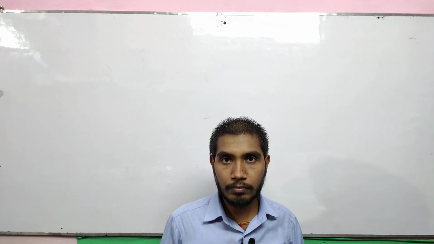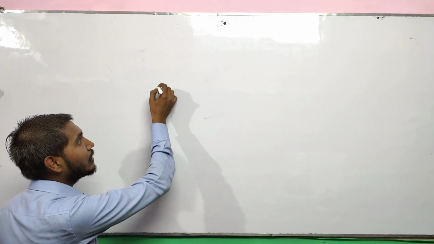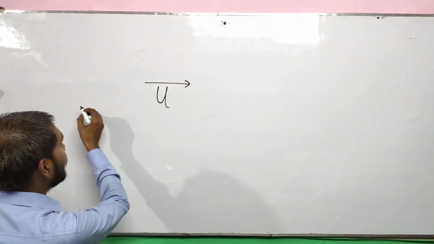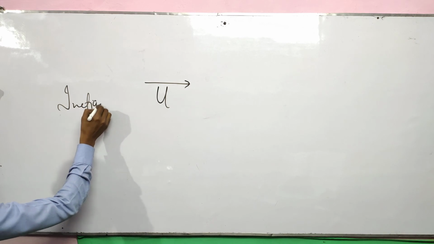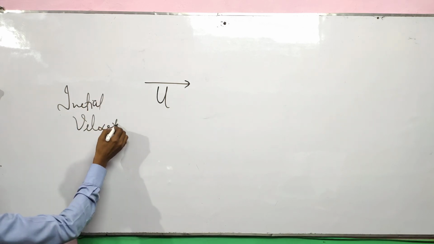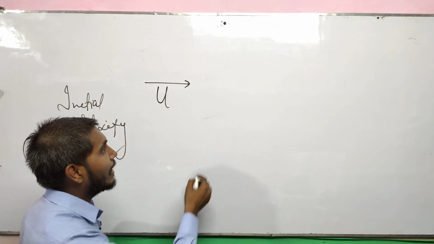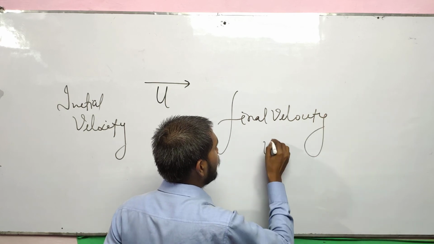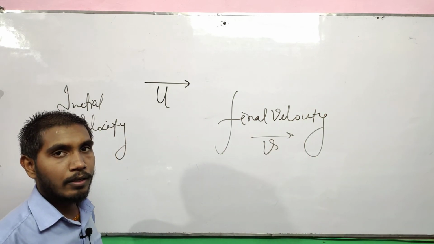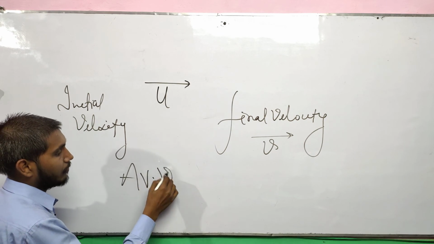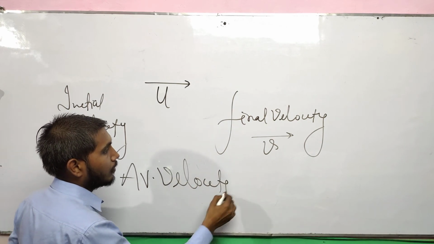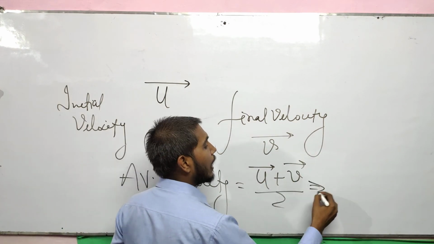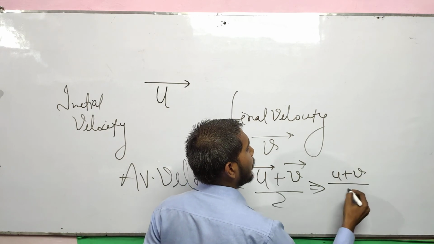Try to understand. If the initial velocity is u vector and the final velocity is v vector, then average velocity is (u vector plus v vector) upon 2, or you can say (u plus v) upon 2.